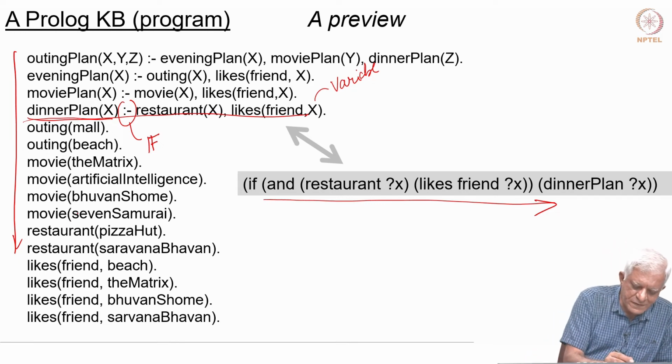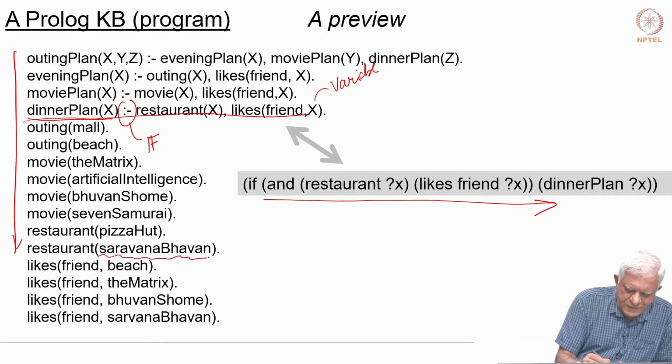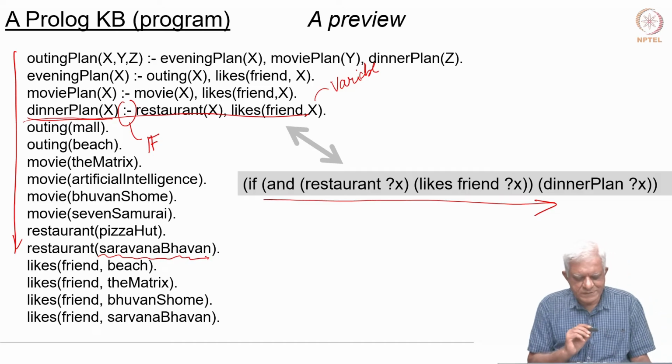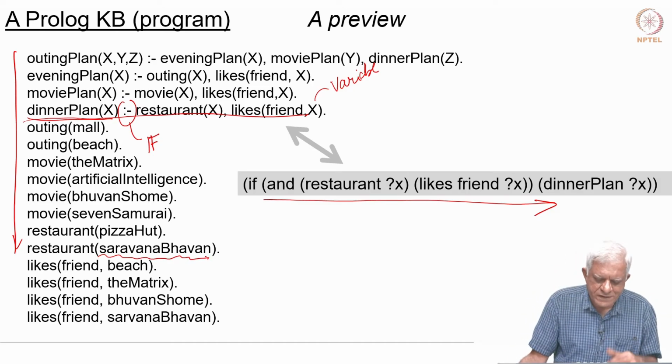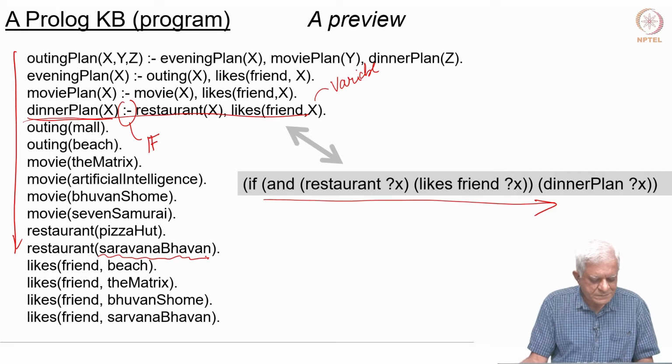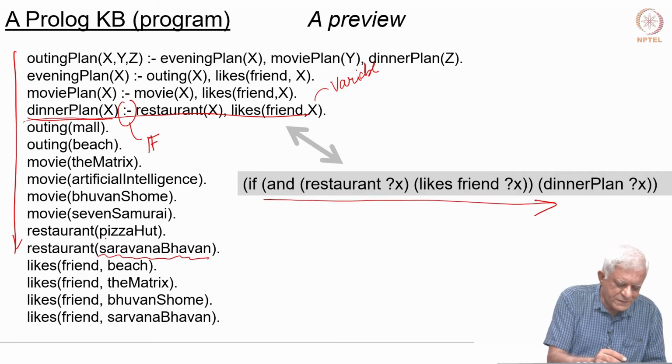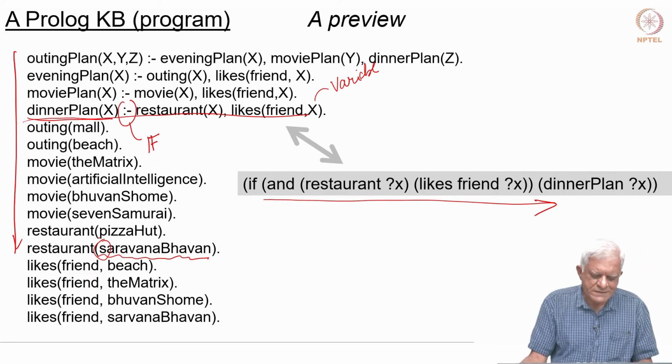So, for example, since we are talking about restaurants, if you want to talk about Saravana Bhavan, which is a restaurant chain in Chennai, it started with Chennai and it is now there all over the world, it begins with lowercase. So, this is just Prolog convention. Constants begin with lowercase, variables begin with uppercase essentially.